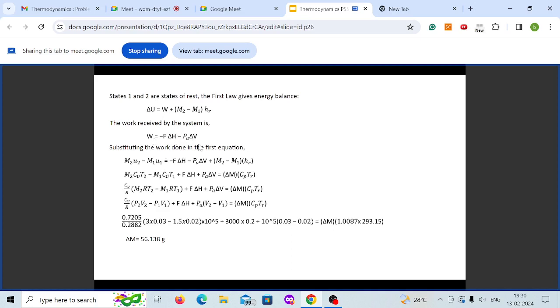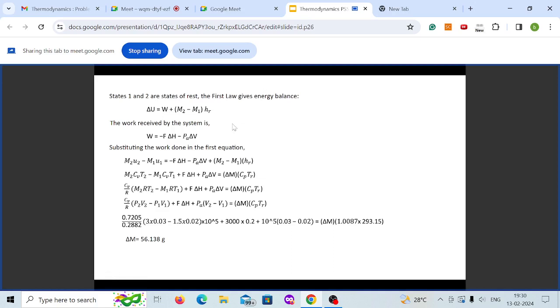Now substituting this in the expression, your delta U is nothing but internal energy at state 2 minus state 1: m2 U2 minus m1 U1. This will be equal to minus F into delta H minus P_A into delta V plus (m2 minus m1) into the enthalpy of the reservoir, because the air coming into the tire will possess the same enthalpy as in the reservoir.